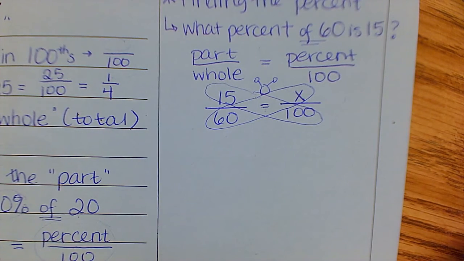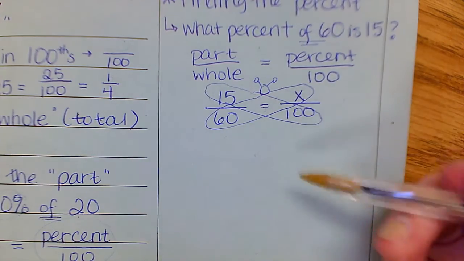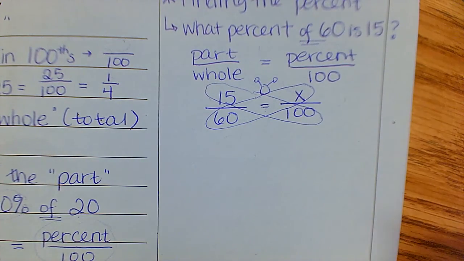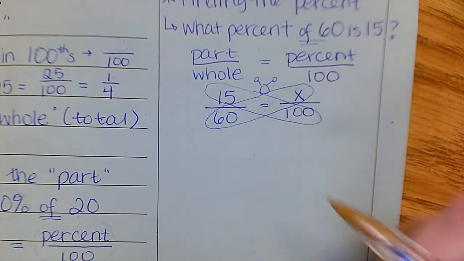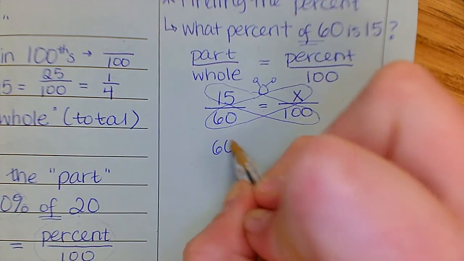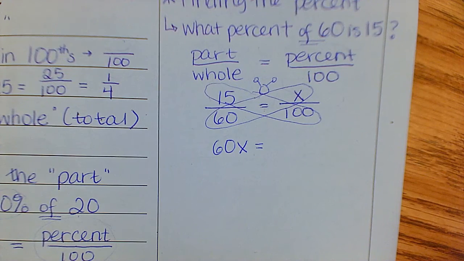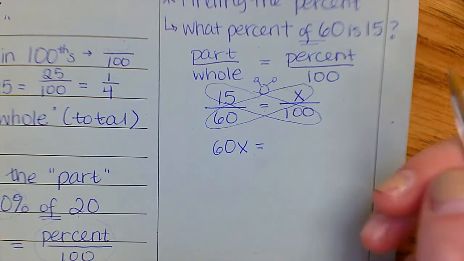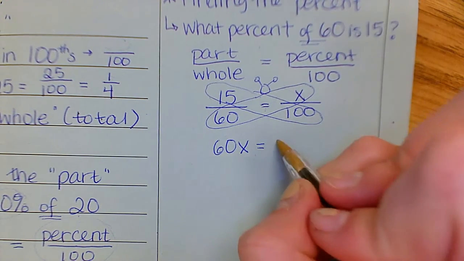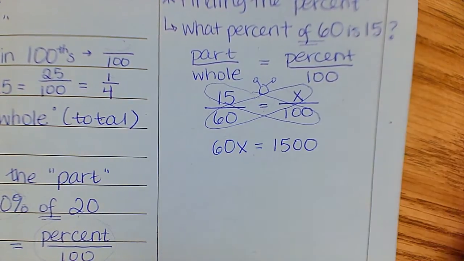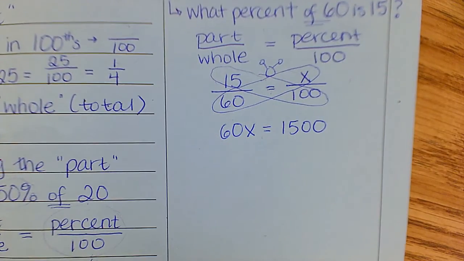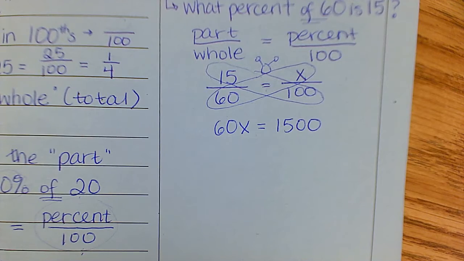So Sky, what am I going to get once I've done my butterfly? I'm going to pretend to write as you're talking. So Sky just said 60x. That's great. What about on the other side? Wonderful. 1500. Beautiful. So who would like to raise their hands and tell us the next step?